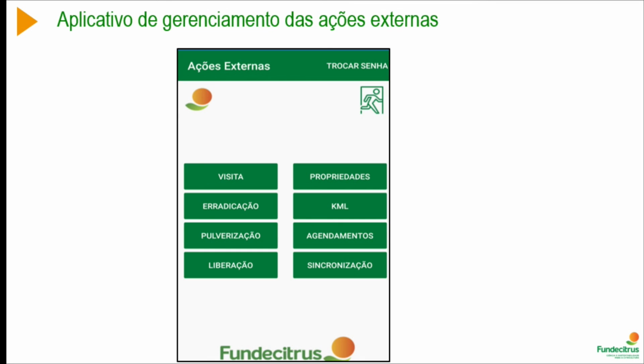Fundecitrus developed an app called External Actions, and it manages all that work. It's possible to measure it all: the visits that you hold, the eradications and where you send the eradicated plants, the spraying, the release of Tamarixia, the distances of the inoculum sources, and also scheduling other visits if some of the plants are not eradicated.